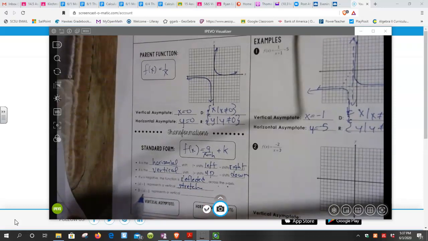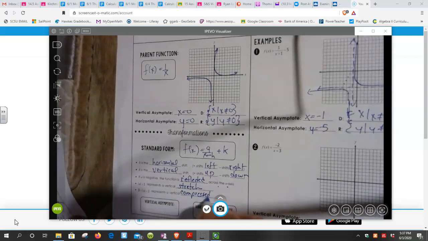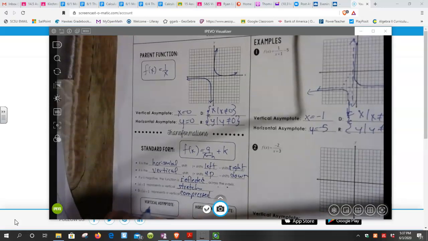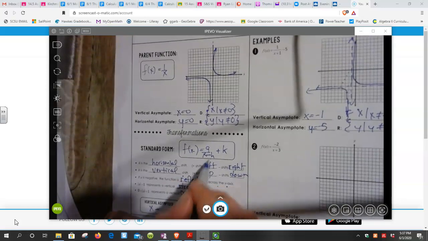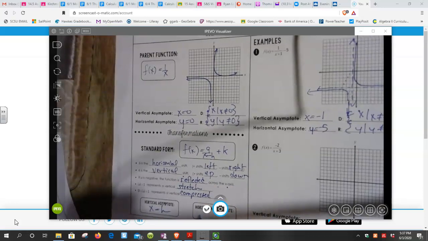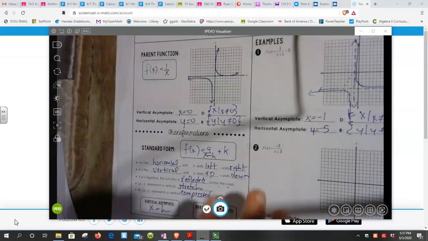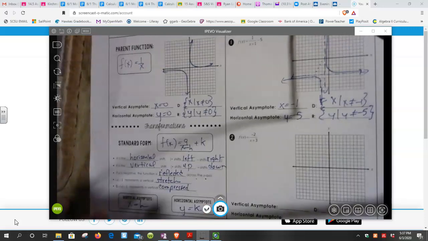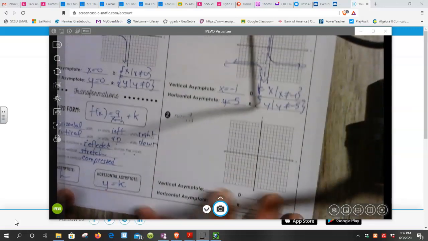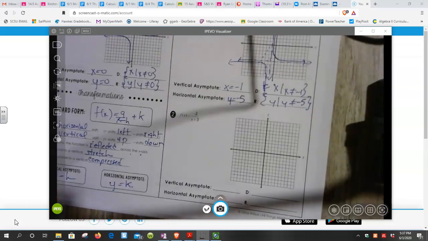And if the absolute value of a is between 0 and 1, then it's going to get compressed, or be wide. Vertical asymptote, well, that's going to be x is equal to whatever this h is. And our horizontal asymptote is going to be y equals whatever the k is. And that's the general format. You might remember taking notes on that. So again, the purpose of this is to review our graphing, get us ready for a quiz, and go over some more graphing.